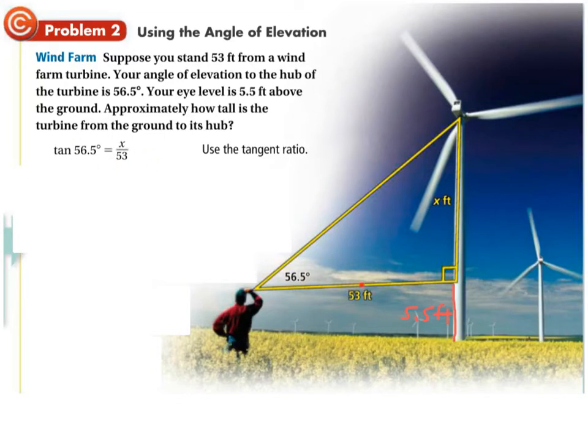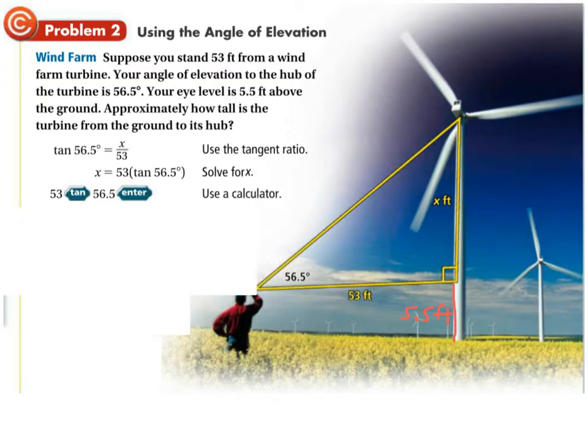So they've written it out like that. We're going to rewrite that. You multiply both sides by 53 to isolate x, and then you're multiplying the tangent of 56.5 degrees, which is in your calculator, times 53.